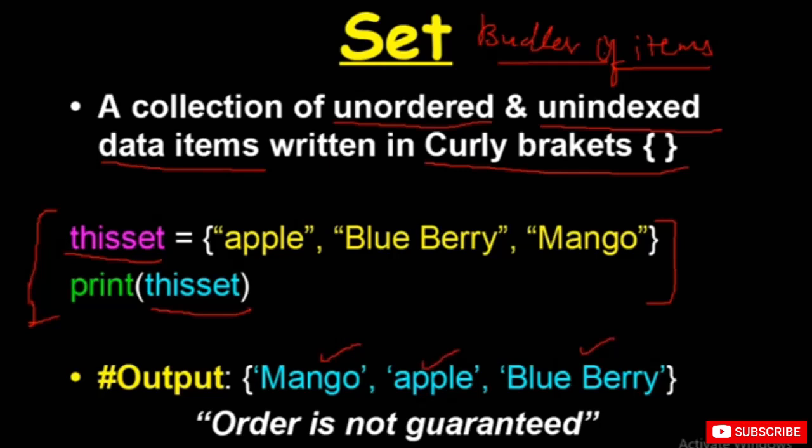The order is not guaranteed, and that's what I have shown here. It is not ordered, like apple is in second place, blueberry is in third place, and mango came in the very first place. So it actually changes the order. It might not, but mostly it does. So this is what the set is.